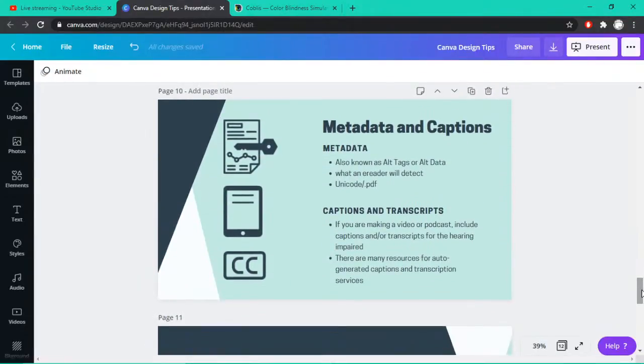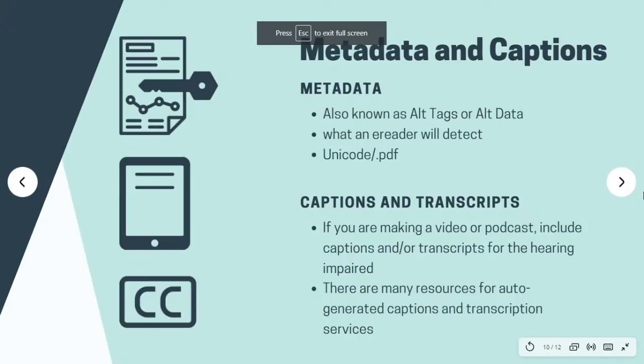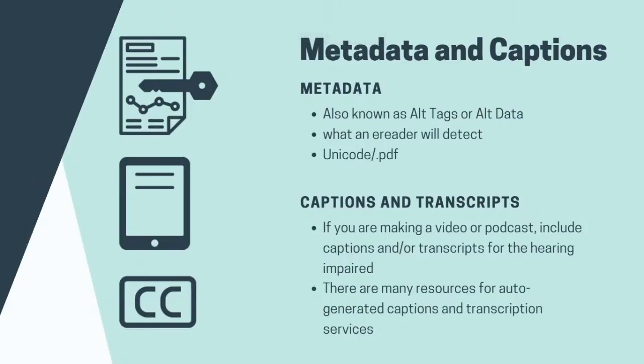Metadata and captions. Metadata is also known as alt tags or alt data. If someone is blind and they are using an e-reader or some other program, right? Any program that reads out the text on screen to you.